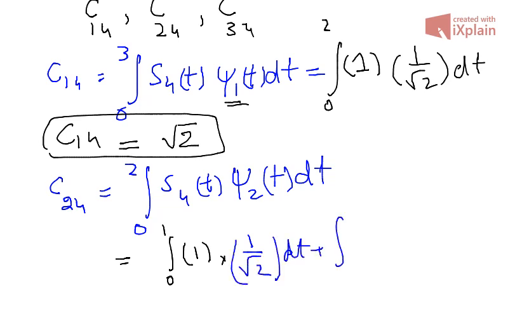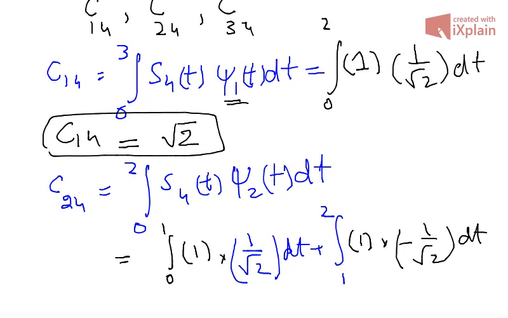And from 1 to 2, S4 is still unity, and psi 2 of t is minus 1 over under root 2 dt. So this is our integral.